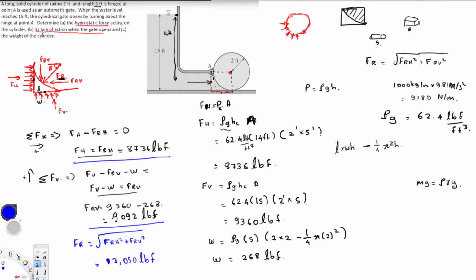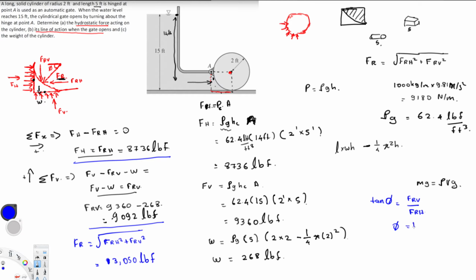And then they are asking to find its line of action when the gate opens. So now we have to find the phi right here, so that's going to give us the line of action. To calculate the phi, we have this equation that tan phi is going to be equal to FRV divided by FRH. We know both values, so we can simply substitute.